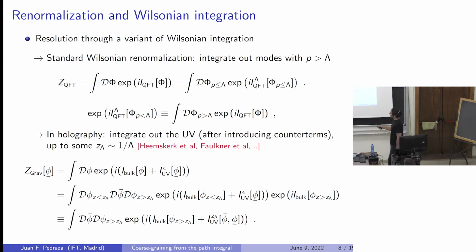Let's define some z lambda, some radial cutoff, and you divide your path integral in three: modes below the cutoff, modes above, and the fields on the interface. Then the idea is to do the integral of the UV modes and define an effective action that is valid below that cutoff. So at the end of the day, you end up with this path integral.